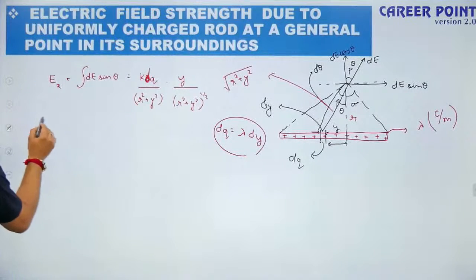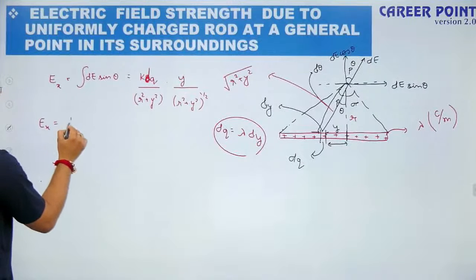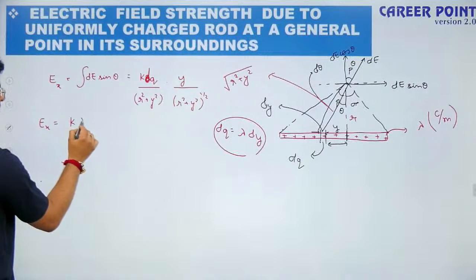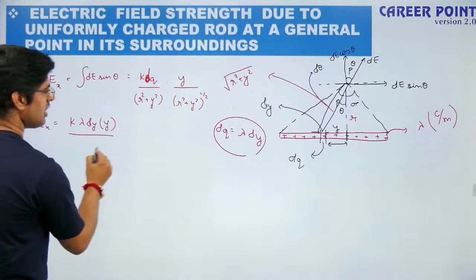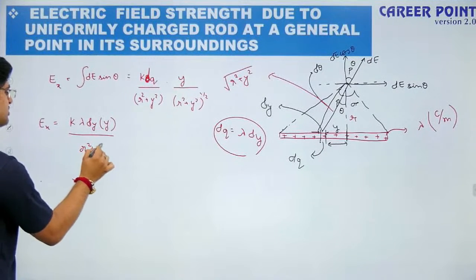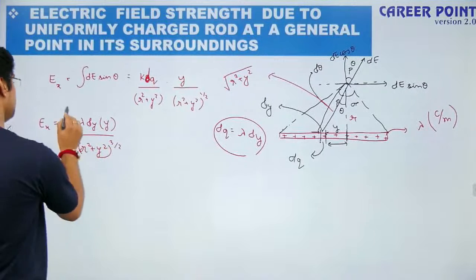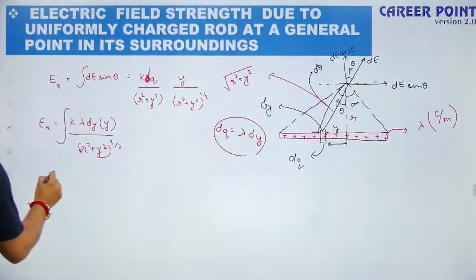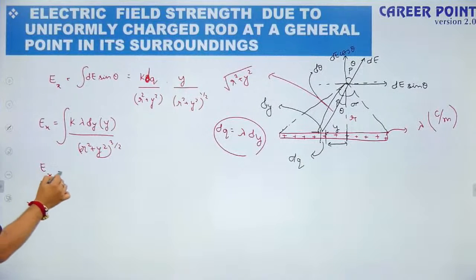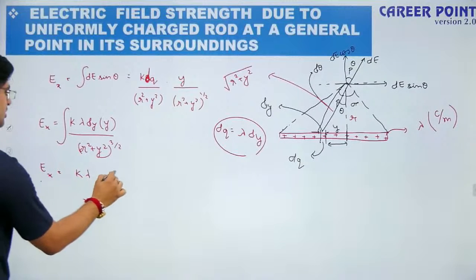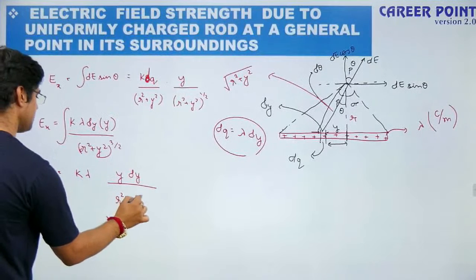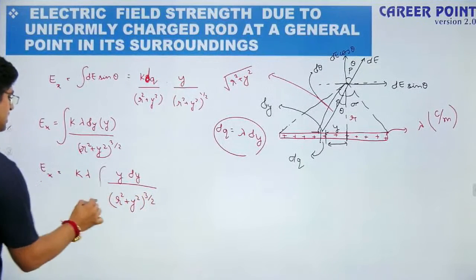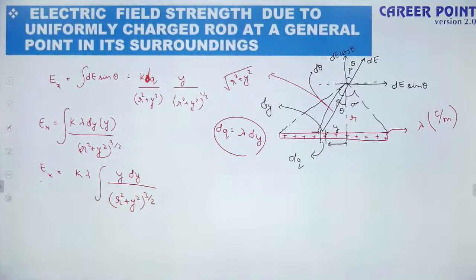Then Ex will be equal to the integration of k lambda y dy upon r square plus y square raised to power 3 by 2. From where to where? That we will apply later, after this integration is done, we will see about the limits.